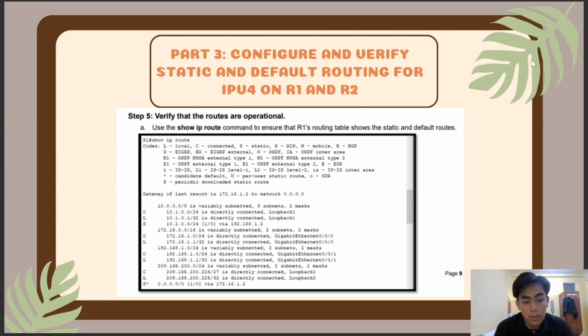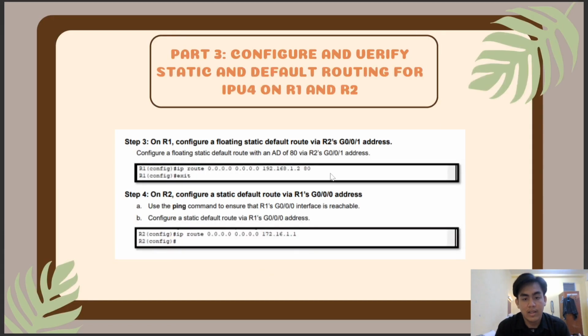So kat sini kita boleh nampak ada IP address kat situ, 172.16.0.0/16, ada yang dekat laluan G0/0 ni, 209.165.200. Lepas tu kat bawah ni via 172.16.2.1 yang kita set tadi, yang ni kat router 1.